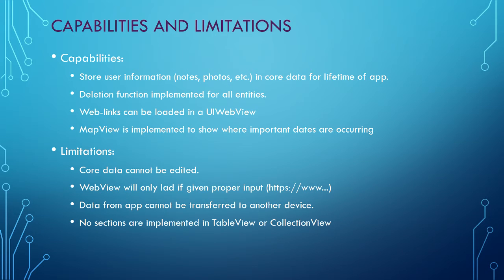For this app, there were many different capabilities as well as limitations. To start off, I wanted to start with the capabilities of this app. This app allows users to store information in core data for the lifetime of the app. It stores notes, photos, important dates, and web links.